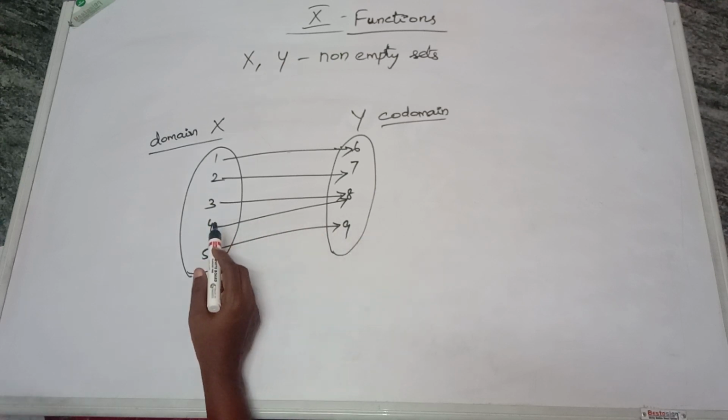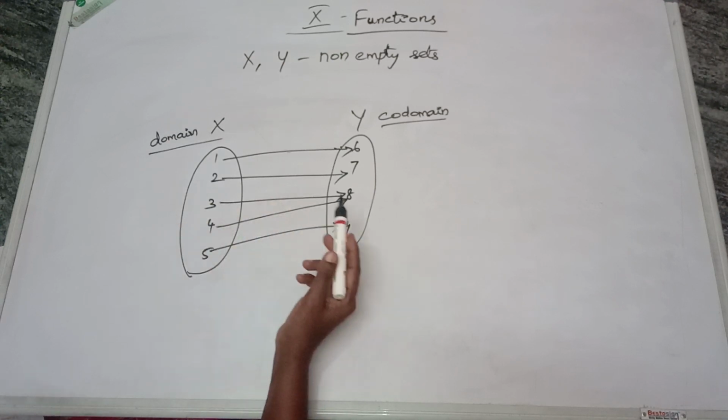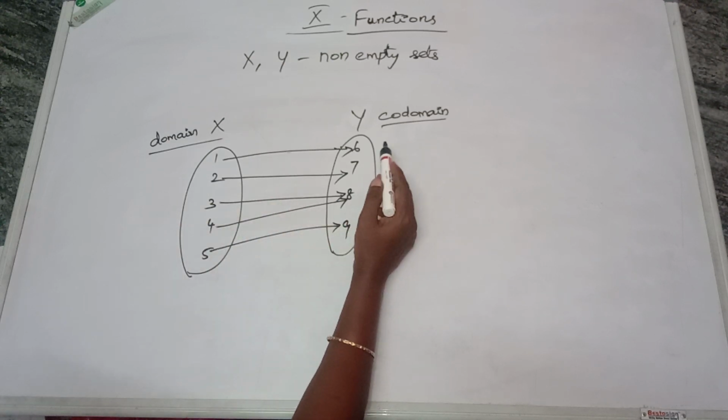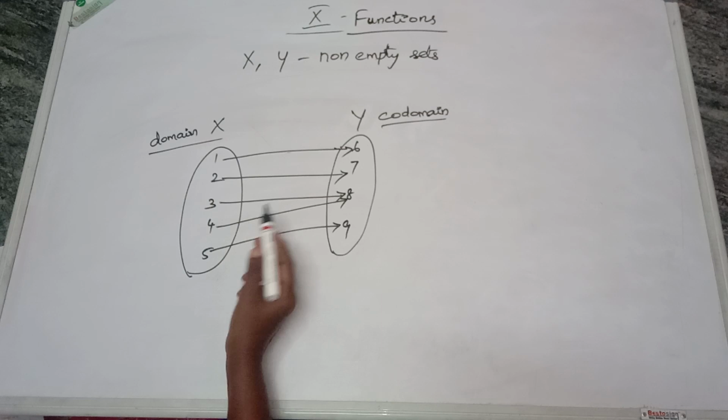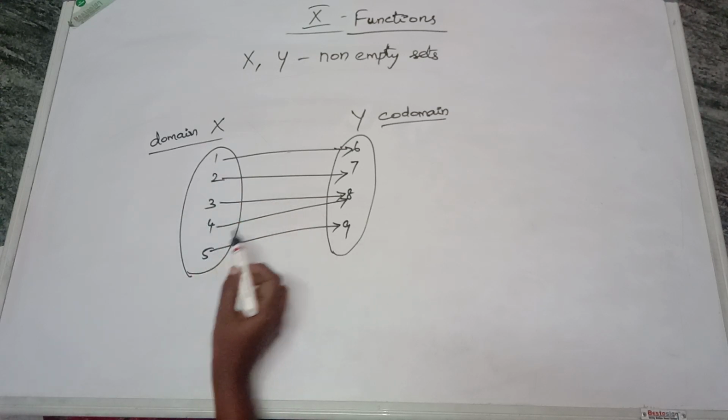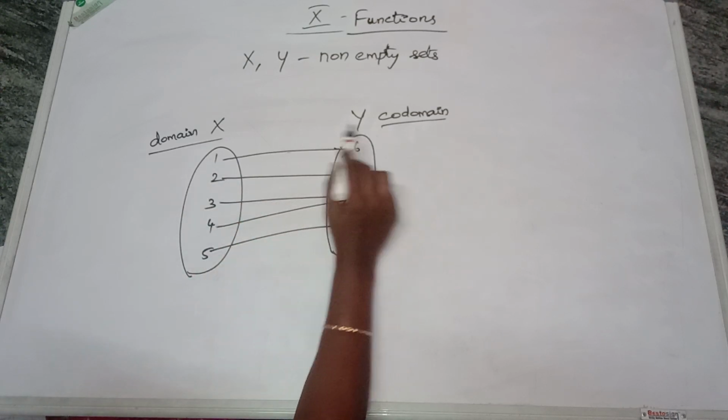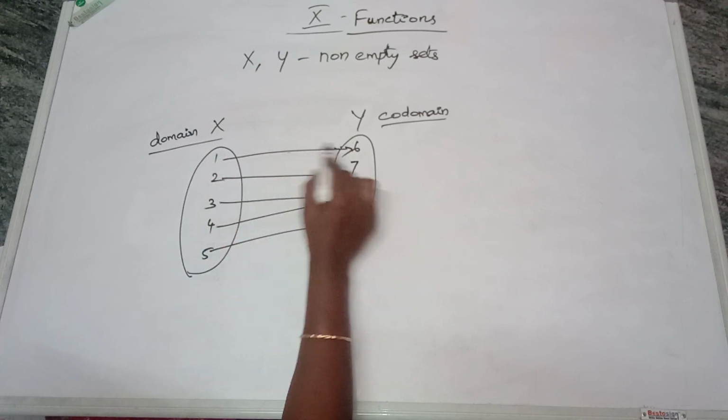Every element is related to some element in the second set. That is called an image. 6, 7, 8, 9, all these 4 are images of 1, 2, 3, 4, 5. What about 1, 2, 3, 4, 5? Here 1 is the pre-image of 6.